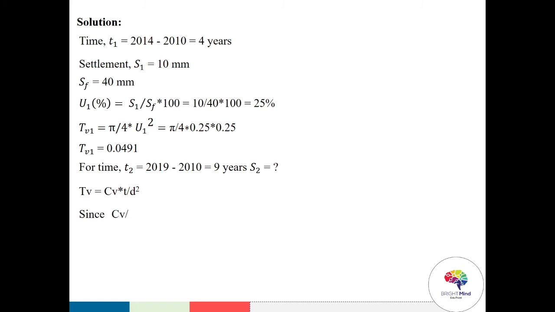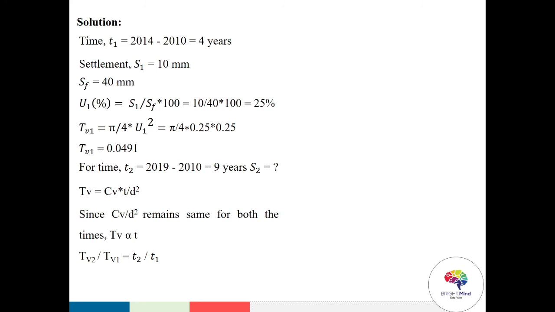Now since CV upon D square will be common for both the cases, or we can say both the time periods, we can conclude the time factor is directly proportional to time. So therefore I can express TV2 upon TV1 is equal to the ratio of T2 to T1.